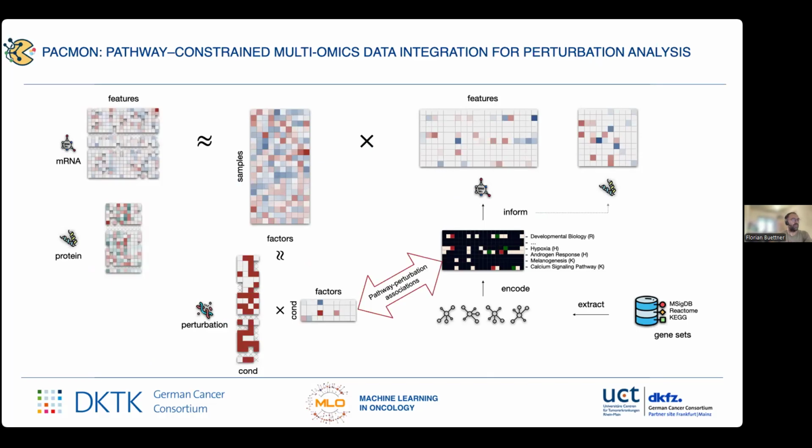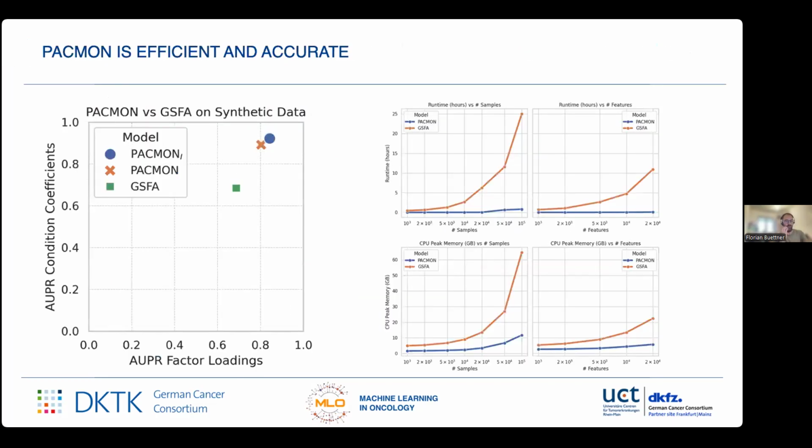Okay. So first of all, what we did was to test whether that works and how well that works. And to this end, we compared PacMon, that's how we call our method, to GSFA, which is sort of the uninformed version, like this integrated PCA and regression module. And what we'd like to have is a very accurate reconstruction of, first of all, the factor loadings, so the weights of the genes, and also of the condition coefficients, so of the links between the individual perturbations and the individual factors.